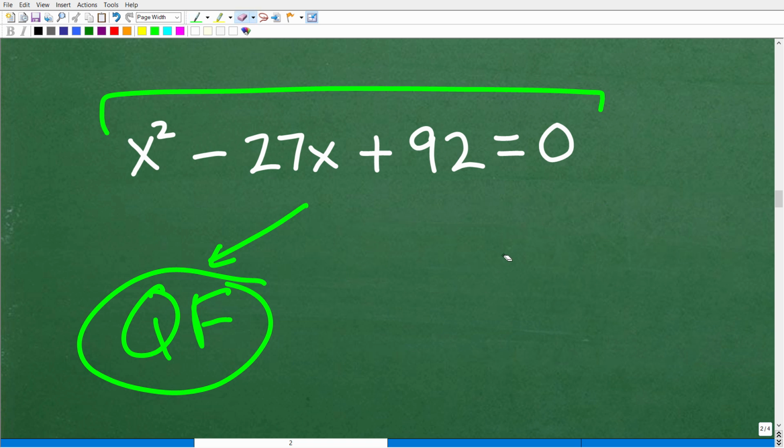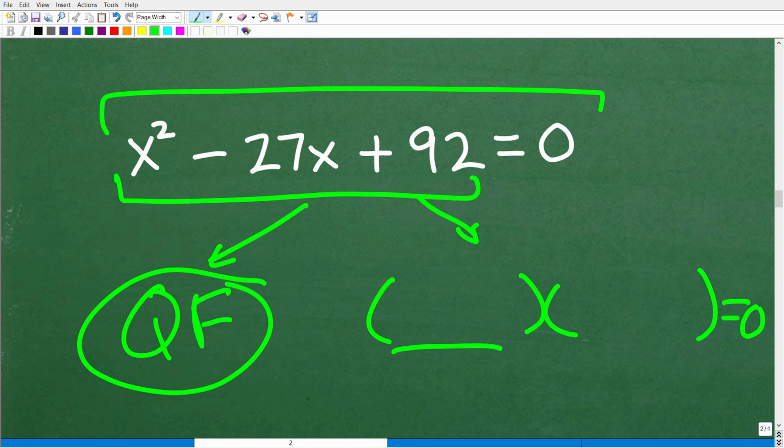See if you can factor it into two binomials that equal 0. If we can factor this into two binomials, that is the preferred way, a much easier and more direct approach to finding the solutions.